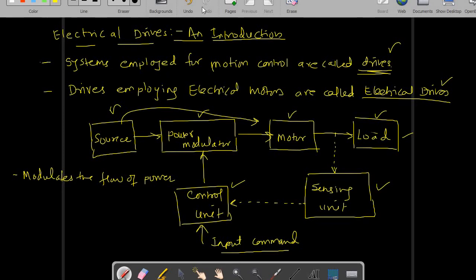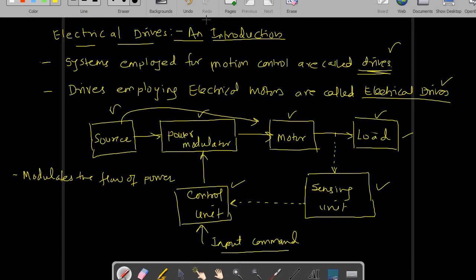Another function of power modulator is that during transient operation. Now what are transient operations? Transient operations are nothing but the operations when we go for starting, braking, speed reversal. These operations are generally termed as transient operations. So during transient operation, this power modulator restricts the source and motor current within permissible values.